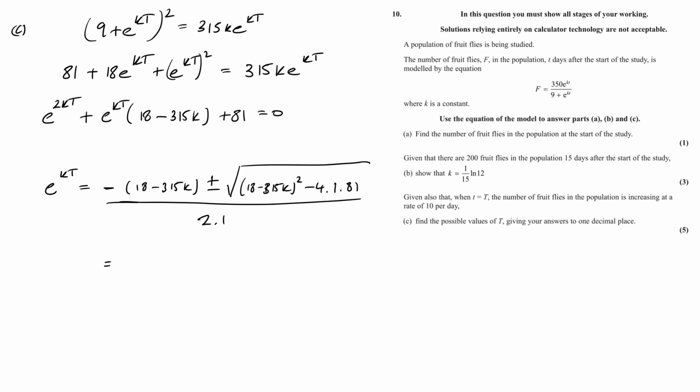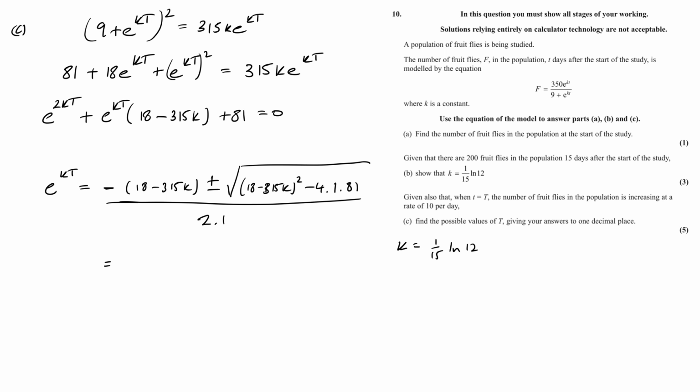Now what I would probably do is put k, which is 1/15 ln 12, so 1 over 15 ln 12. I'll store this value as a. It's just a reminder that k equals 1/15 ln 12. And then I'm going to put this into my calculator.